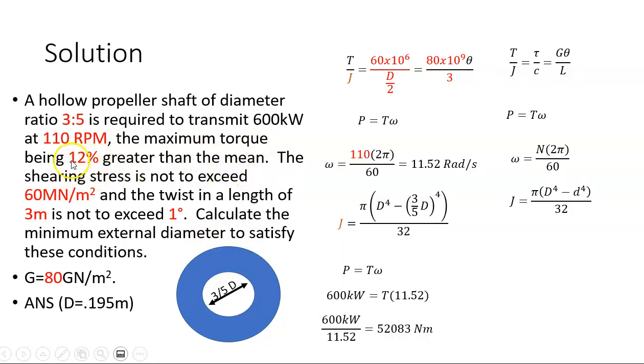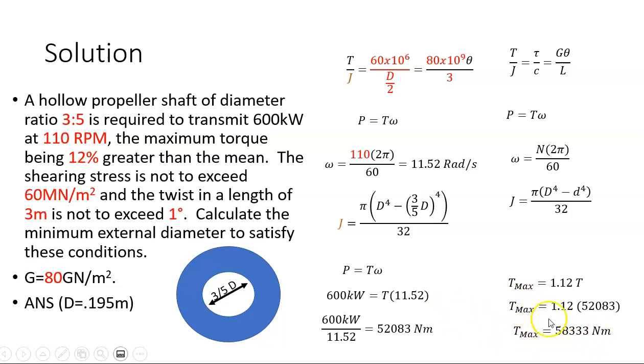And we are told that the maximum torque is 12% higher than that. So I'm going to multiply this value by 1.12 to get a 12% higher value. So 1.12 times 52083 works out to be 58,333 Newton meters.